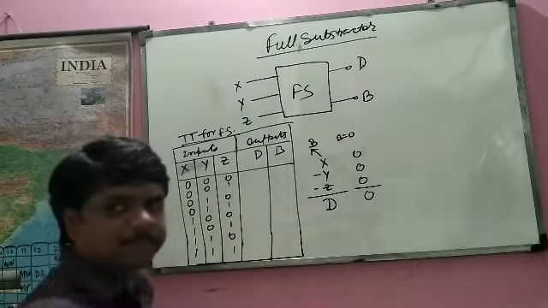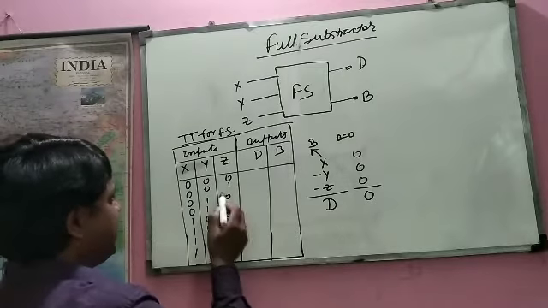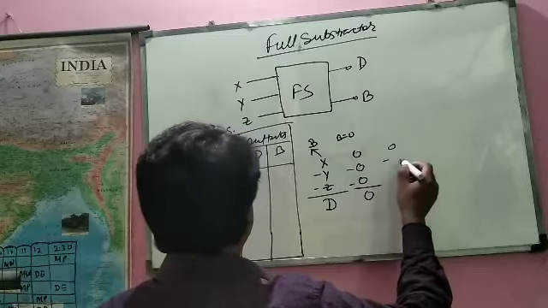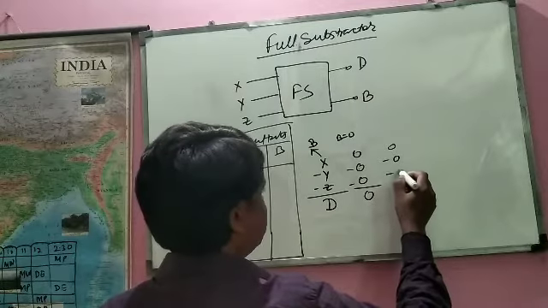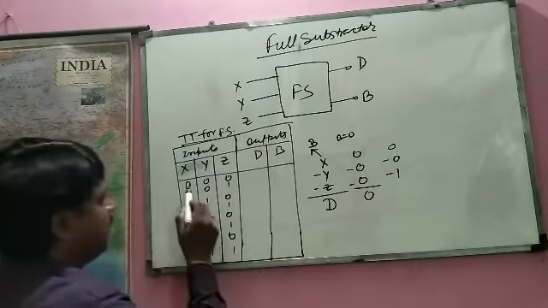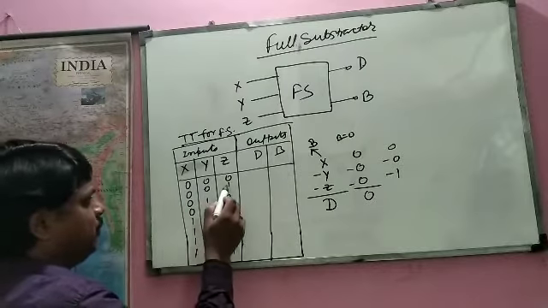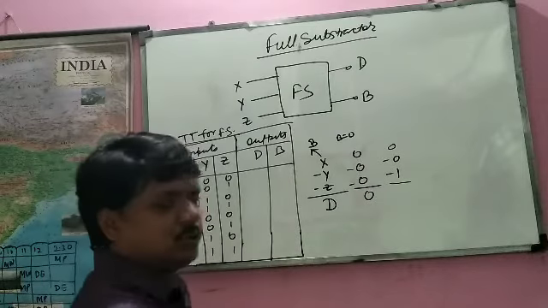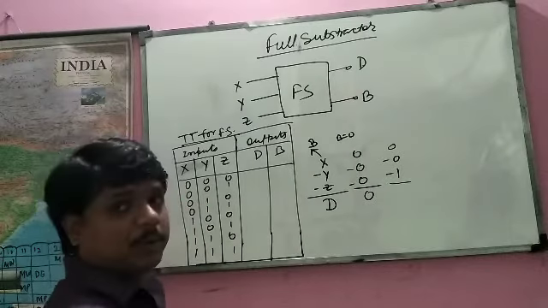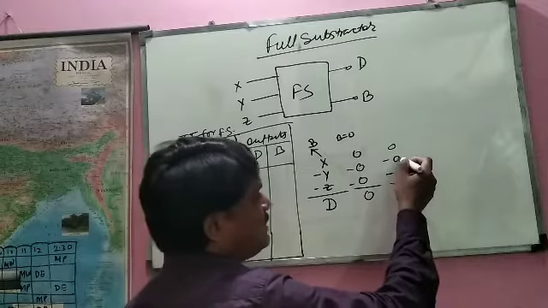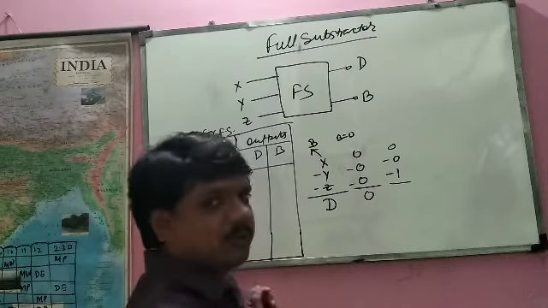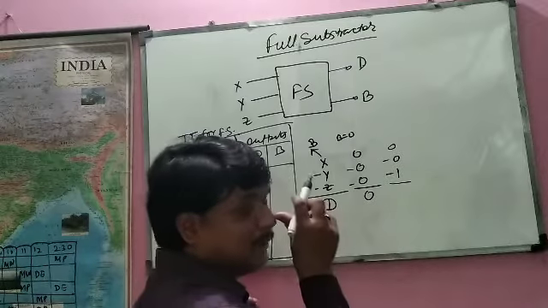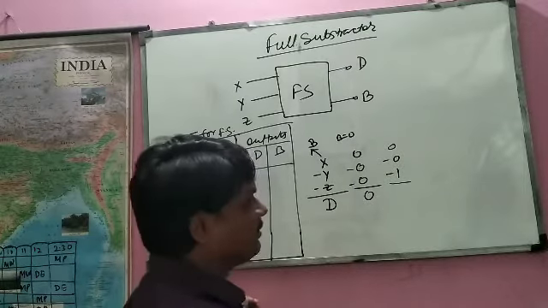No problem. Again take the second one: 0 minus 0 minus 1. 0 minus 0 is 0. Now the problem comes. Here it is 0 and now we have to subtract 1 from the 0. That is very simple. It was the case in the half subtractor also.